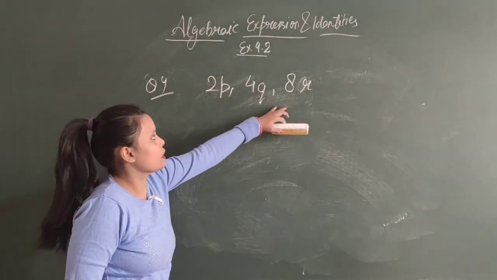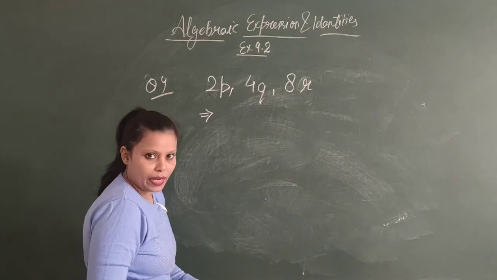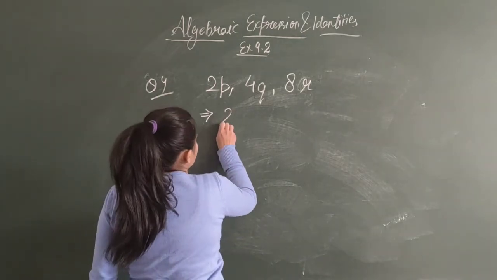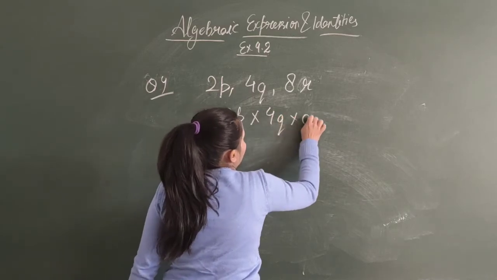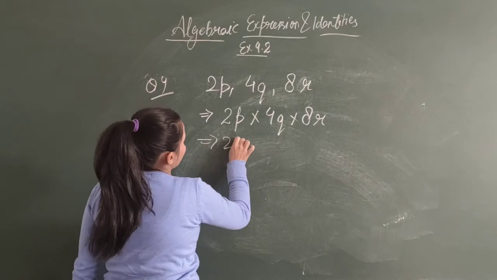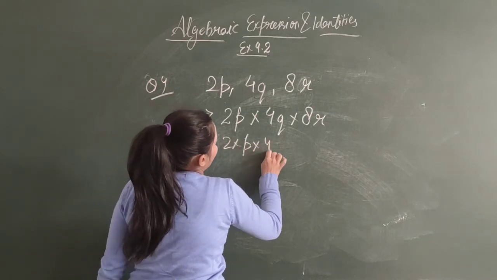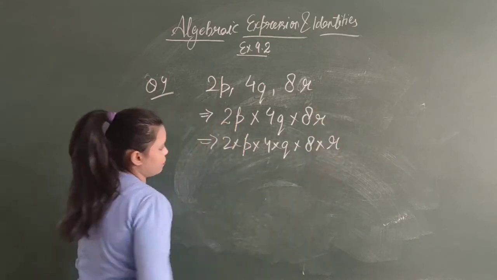These are the dimensions. We need to multiply all these to find out the volume. So we will do multiplication, right? Or we can write it as 2 multiply p multiply 4 multiply q multiply 8 multiply r.